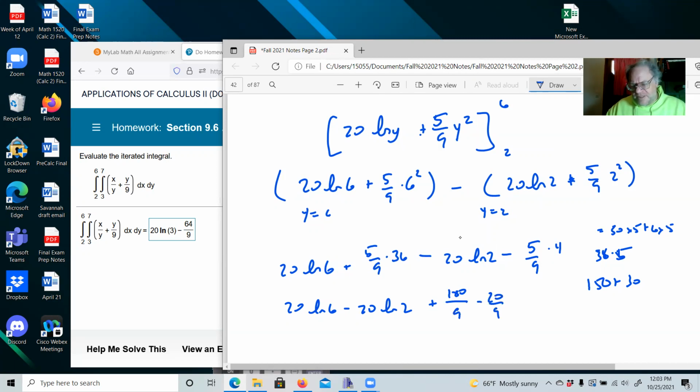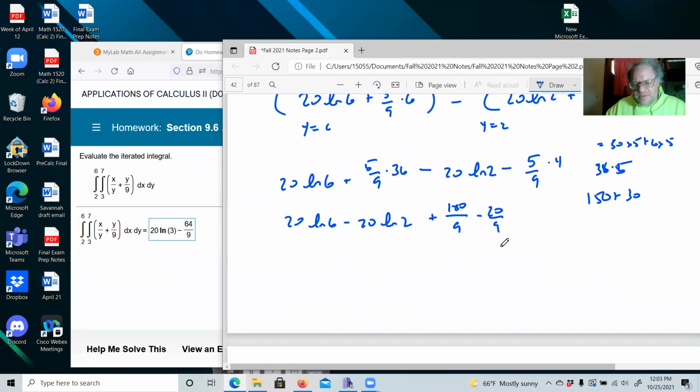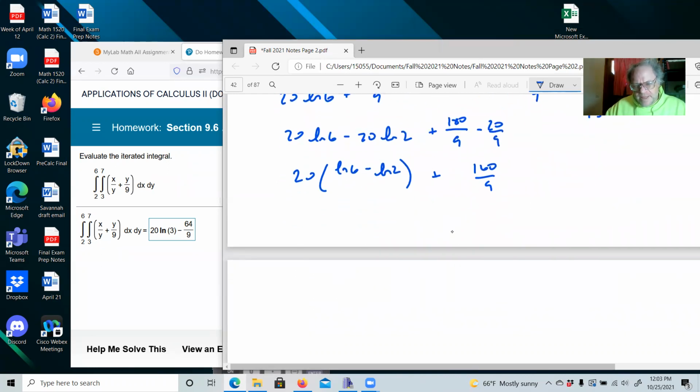I think that's it. I think I messed up my sign there. So this is 20 ln 6 minus ln 2 plus 160 over 9. Yep, that's where it is. 20 ln 3 plus 160 over 9.